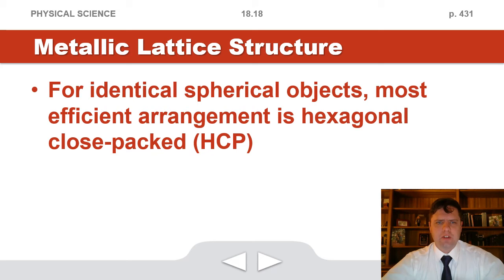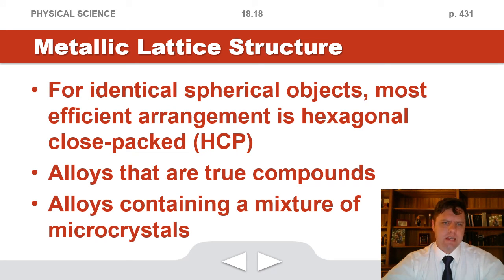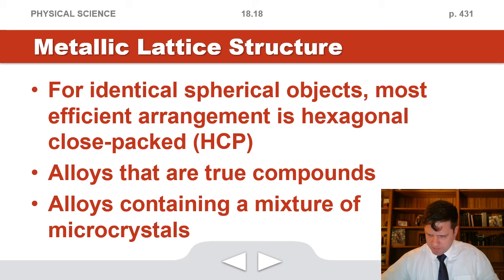For identical spherical objects, the most efficient arrangement is hexagonal close packed. Alloys are not true compounds. Alloys contain a mixture of microcrystals, and you can see some of this being discussed on page 431 of your book.